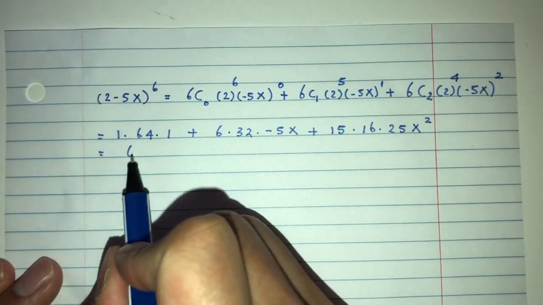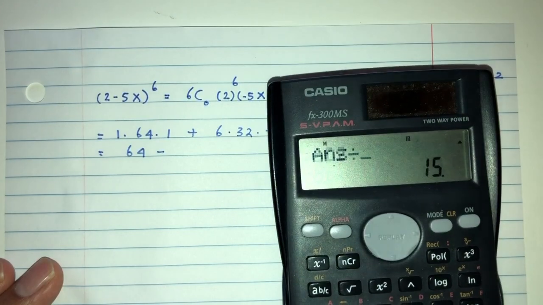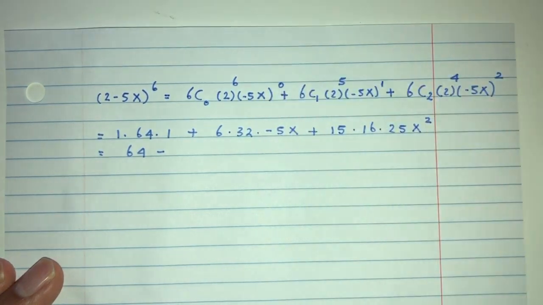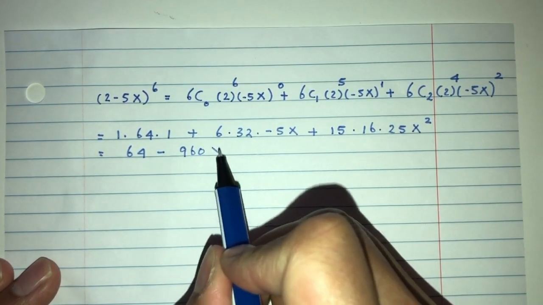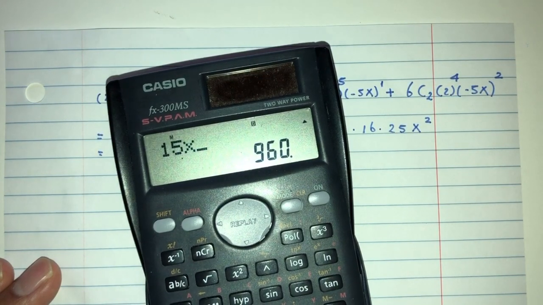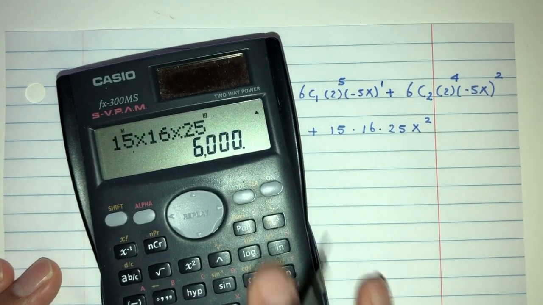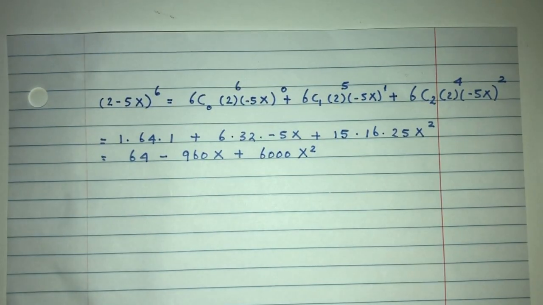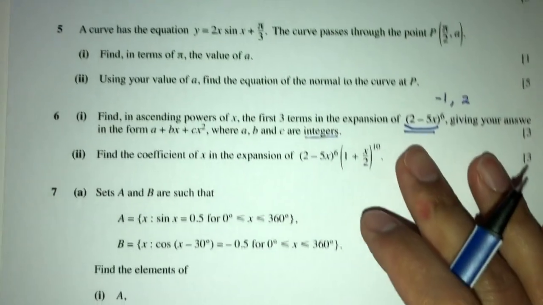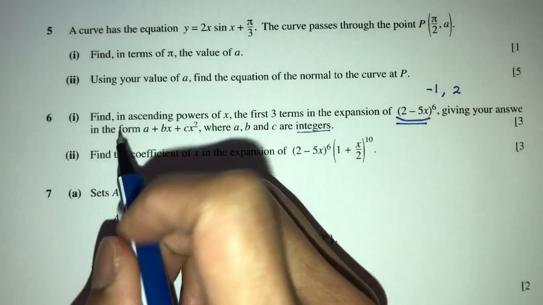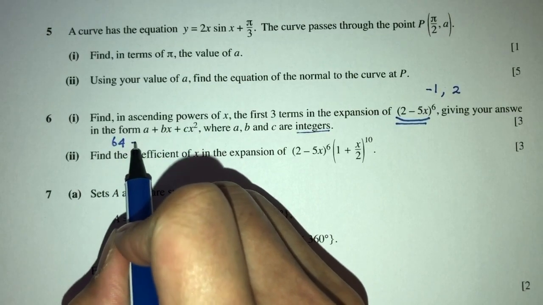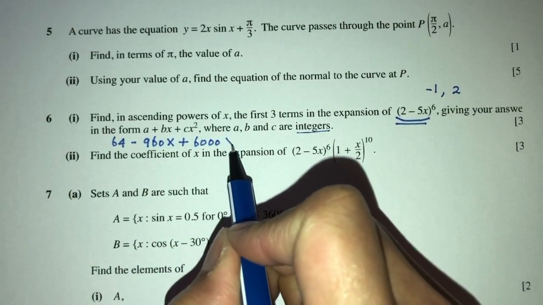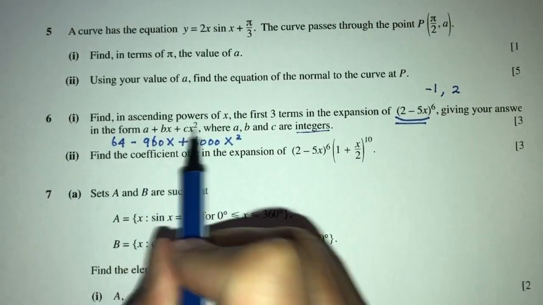Simplify, that will give you 64 minus 6 times 32 times 5, that will be 960, so 960x, and plus 16 times 15 times 25, that will be 6000x squared. So for part 1, my answer will be 64 minus 960x plus 6000x squared, where a, b, and c are all integers.